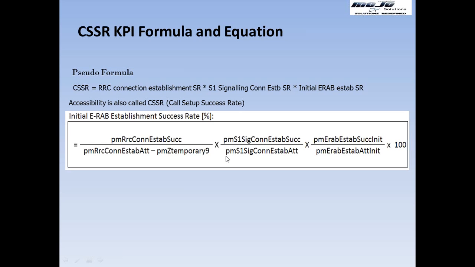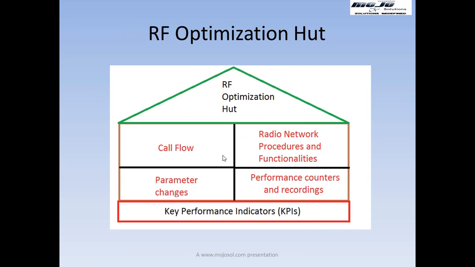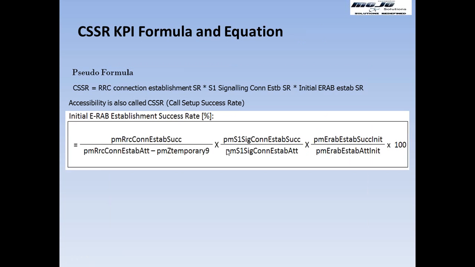In order for a successful call to set up, all these 4 functionalities should work, and then we can calculate the KPI based on that. That was the overview which we did from top to the bottom for example of accessibility or call setup success rate in this. So I gave you a long example of call setup success rate or accessibility.